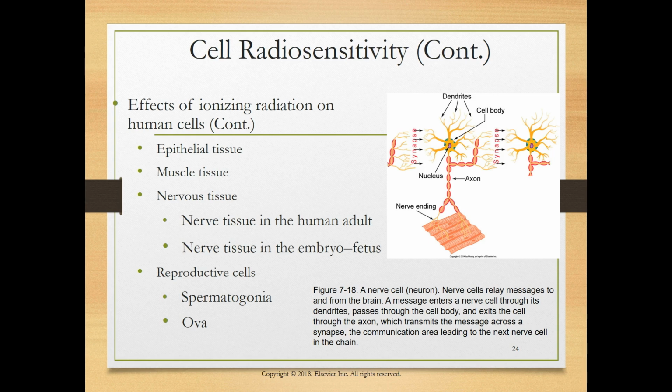On an off note, fetal developing nerve cells, because they're developing, are more radiosensitive than the mature nerve cells of the adult. So studies indicate the 8th to the 15th week of gestation in the fetus is the maximum radiosensitive time. And that's because everything is happening with the nervous system. Okay, and reproductive cells, of course, very sensitive.